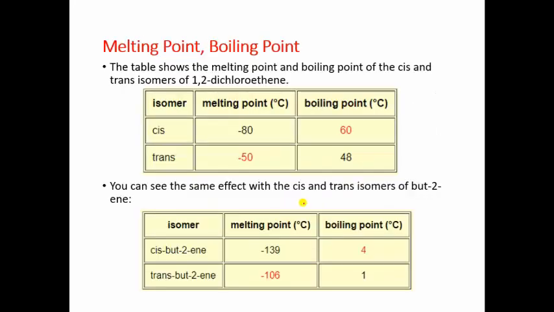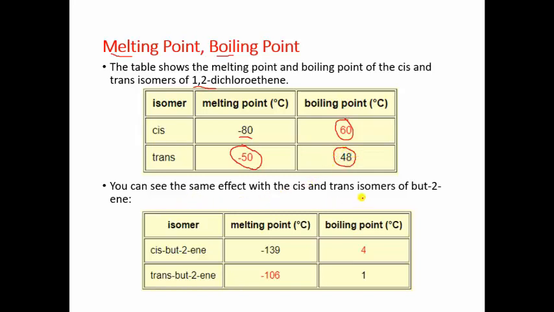Now the next property, melting point and boiling point. How are the boiling point and melting point affected by the different configurations of geometrical isomerism? In this table you can see the example of 1,2-dichloroethene. Trans has a higher melting point than cis, and the boiling point is higher in cis than trans.